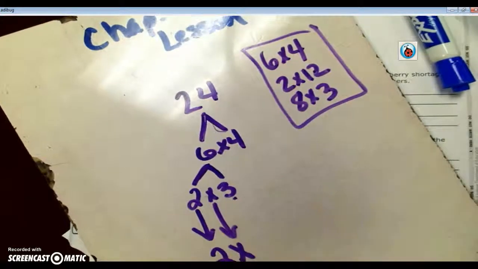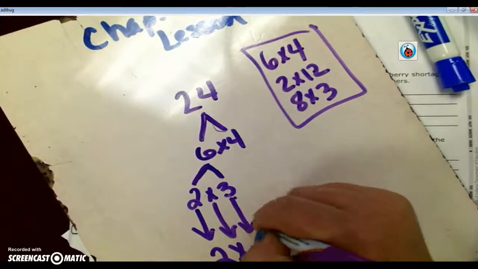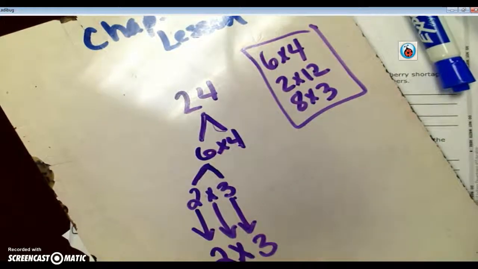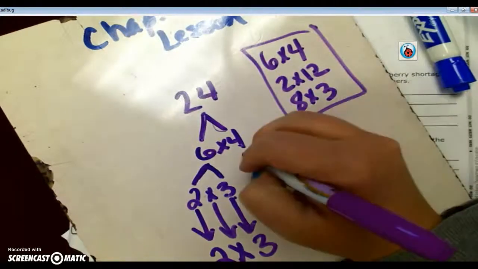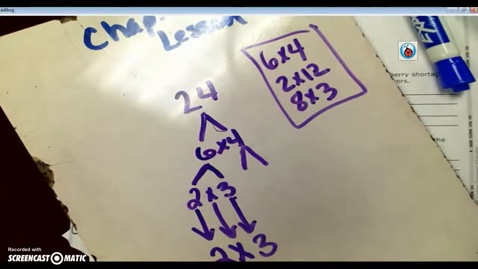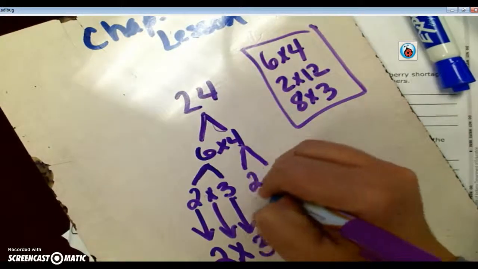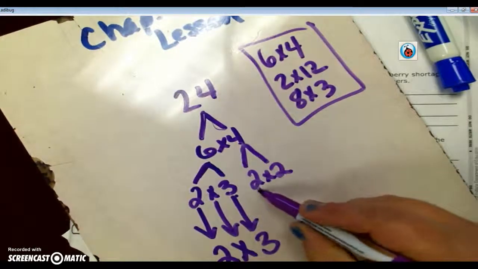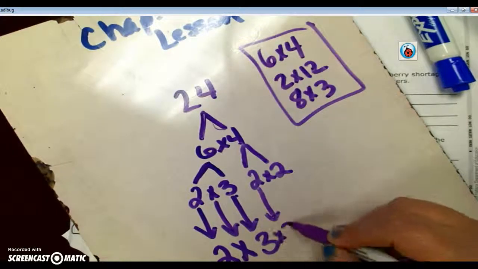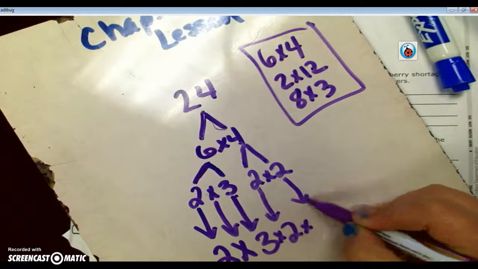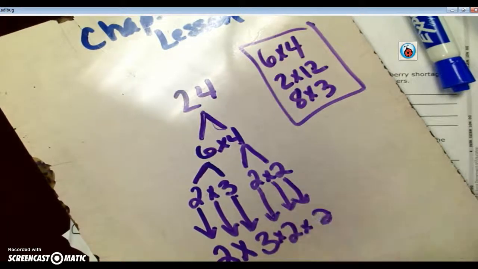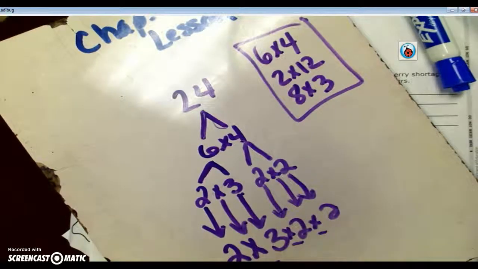Is 3 prime? Absolutely. Take it to the bottom. Is 4 prime? No. 4 breaks into what? 2 times 2. You already told me 2 is prime. Notice the sign follows. Notice between each one of these numbers is a multiplication sign.